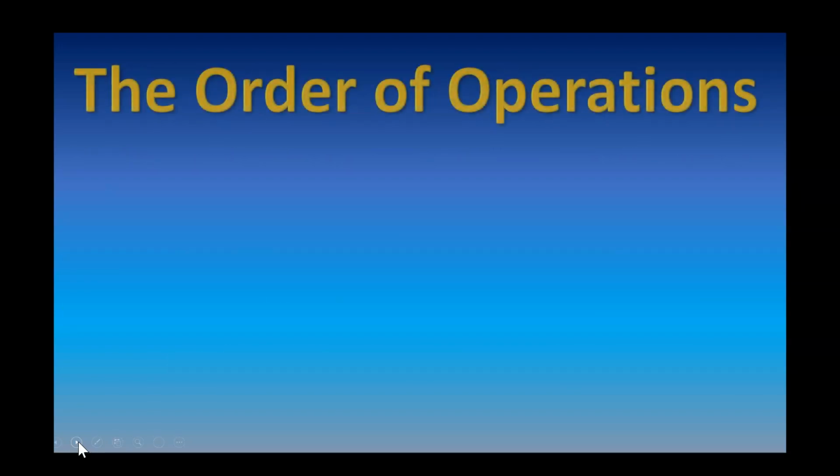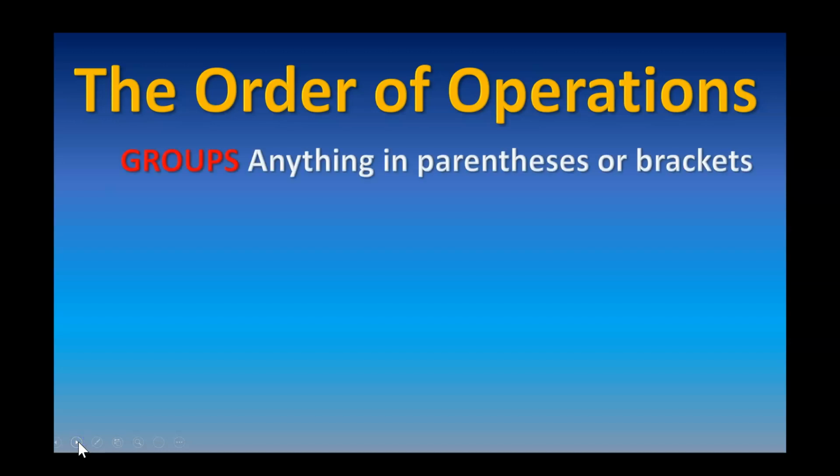Let's review. A lot of people say the order of operations uses the acronym PEMDAS, and if you learned that and it works for you, that's great. In 6th grade, when we learned the order of operations, we learned a slightly different version. First, you take care of anything inside parentheses or brackets. We call these groups.